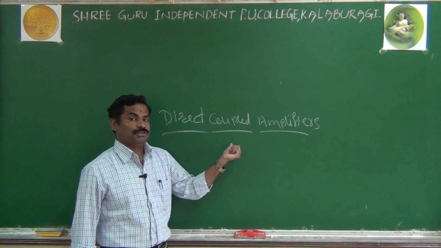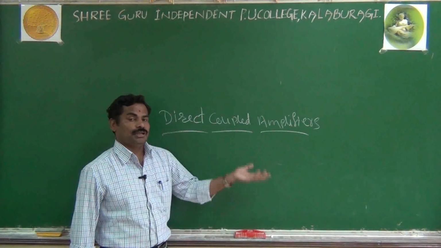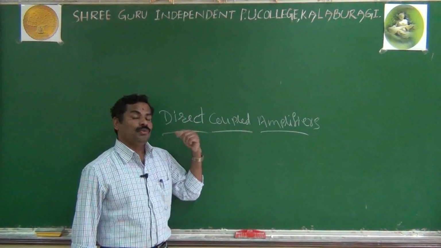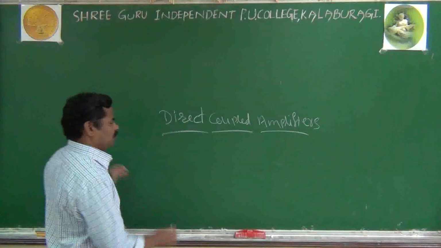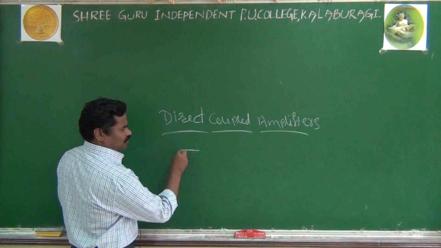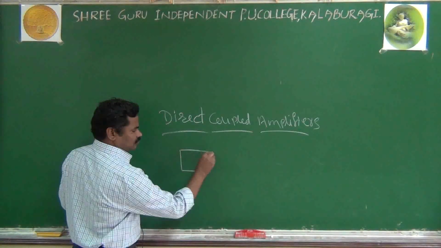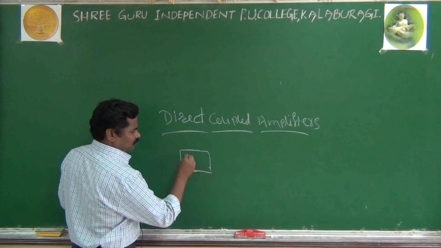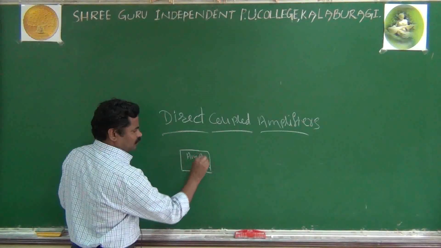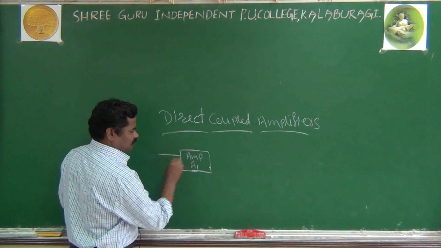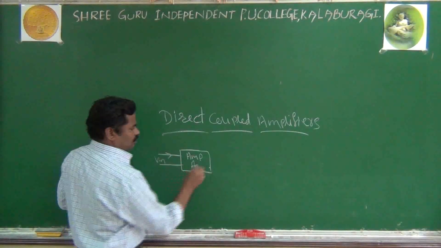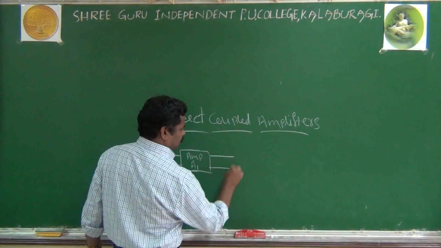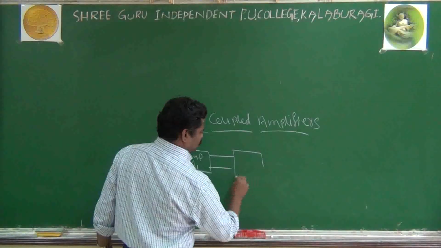You are not using capacitors, you are not using resistance, you are not using any transformer, only one wire from output to the input. For example, we take this; this is nothing but your first stage amplifier, E1. This is your input Vin, and here we can consider this stage of amplification.